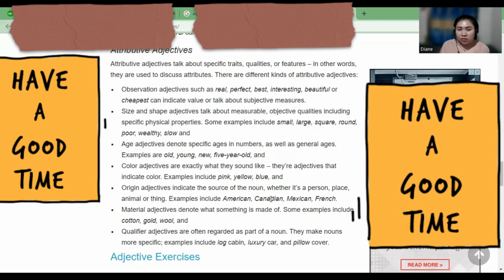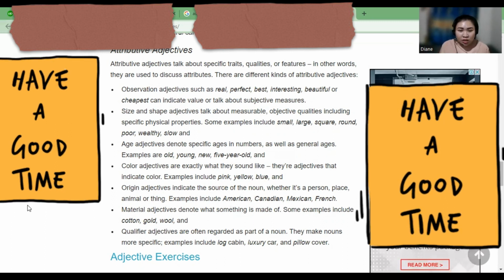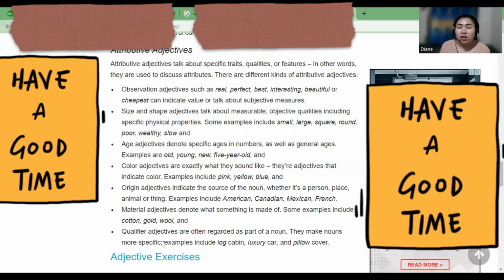Examples: American, Canadian, Mexican, etc. Material adjectives denote what something is made of, such as cotton, gold, wool, wooden, plastic, etc. Qualifier adjectives are often regarded as part of a noun, and they make nouns more specific. Examples: log cabin, luxury car, and pillow cover.